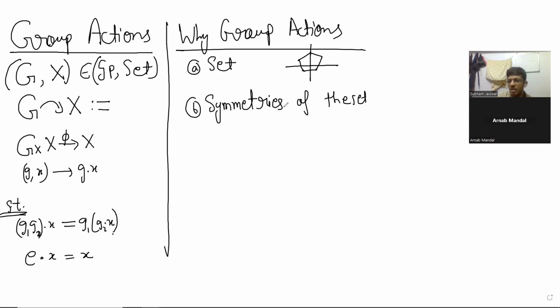Right? So what are symmetries? What is the definition of symmetry? Well, you can take it as all the functions from R2 to R2 which fix the vertices of the pentagon. Fix meaning that they fix the 5-point set as a whole, meaning that they could permute, but the set overall is fixed.